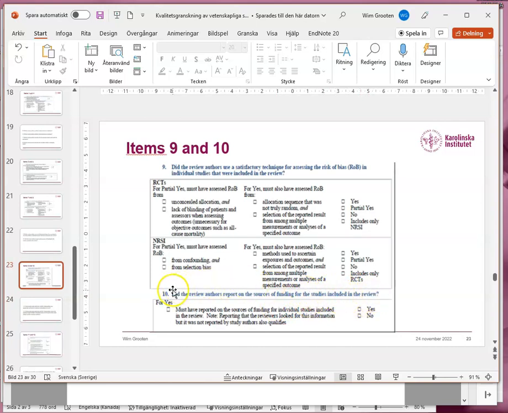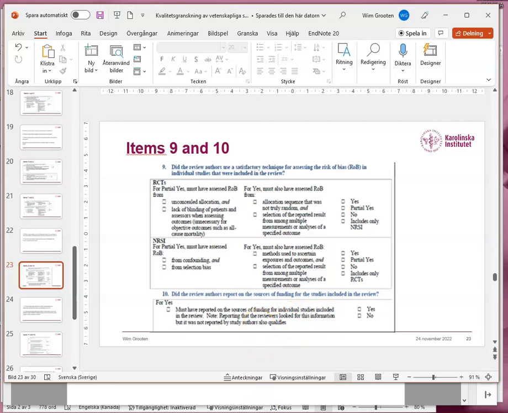Oh, we need to check the funding for the studies, not the funding for doing the review. Must have reported on the source of funding for individual studies included in the review. Reporting that the reviewers looked for this information but it was not reported by the studies also qualifies.